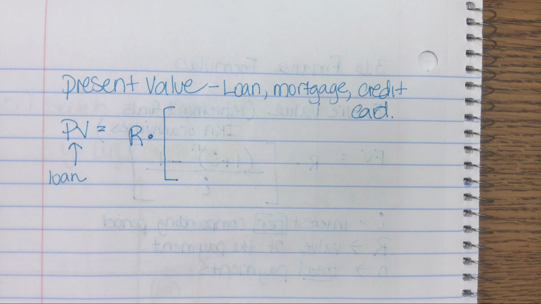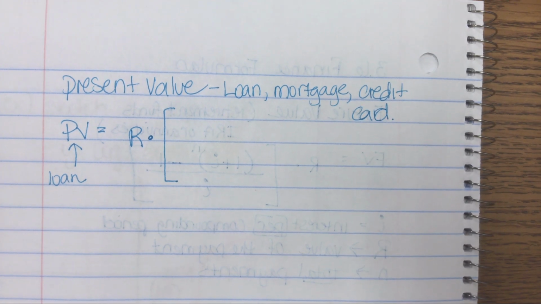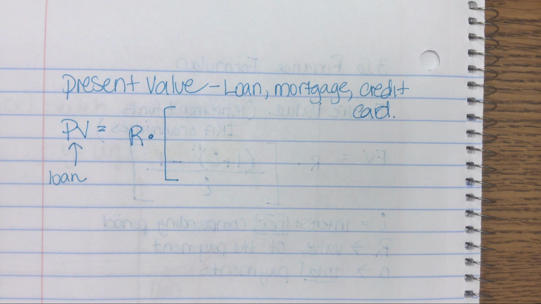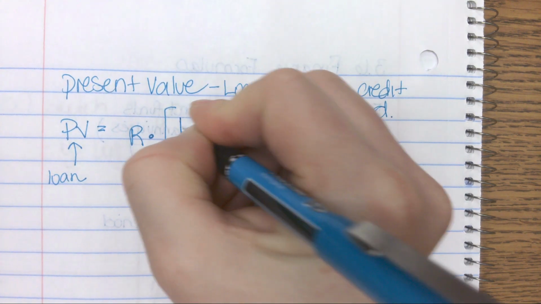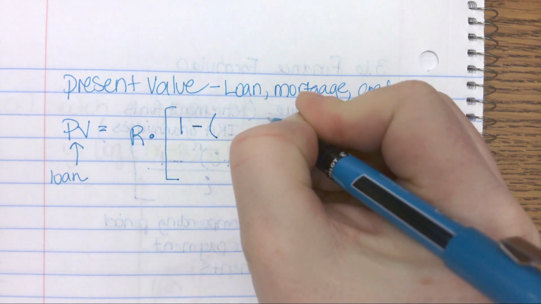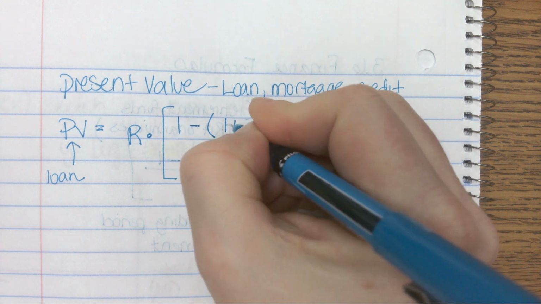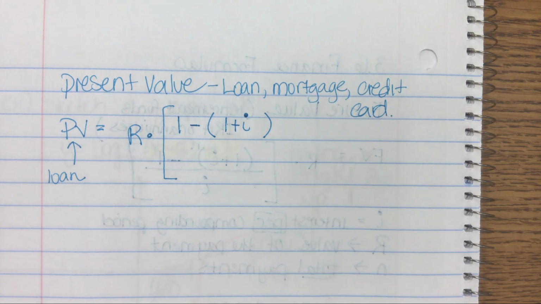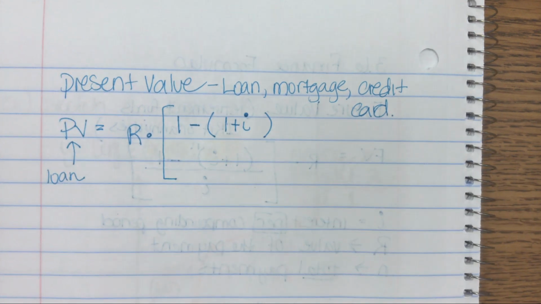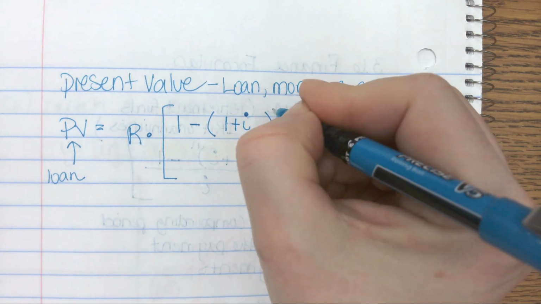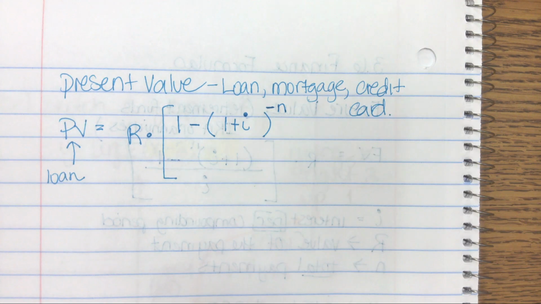Still have an R out in front. Okay, but instead of the 1 being off the back, this time it's in front, so it's 1 minus parentheses 1 plus I, and this is another really careful, guys. It's not to the n, it's to the negative n on the top.